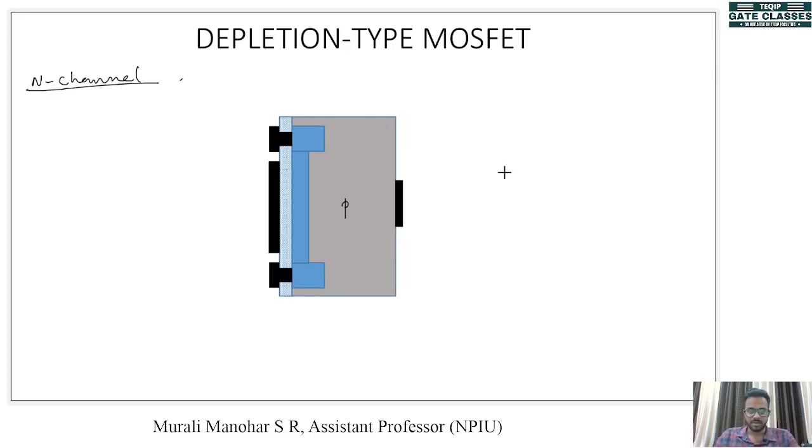So there we have our P-type material. Then there are two heavily doped N regions, these two. These N regions are also made inside this P slab. Now between these two N layers, there is a moderately doped N layer. Now this N layer is the channel.